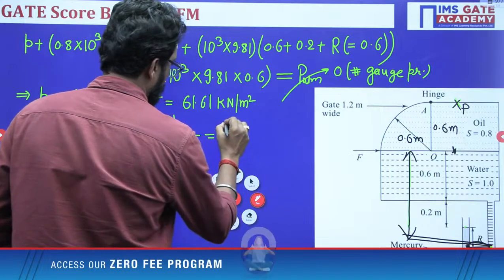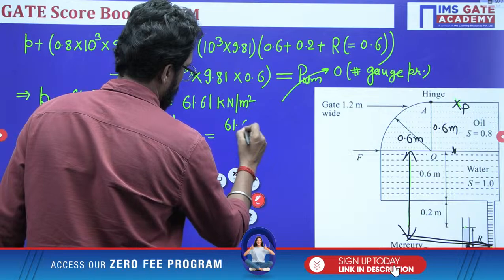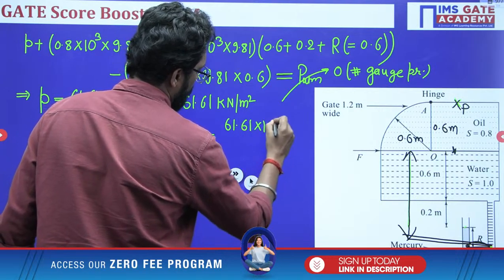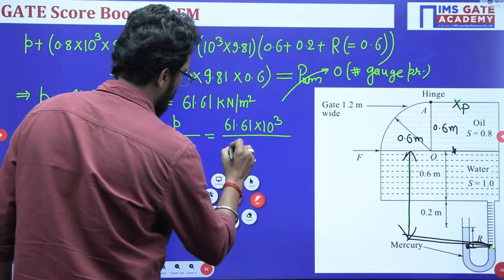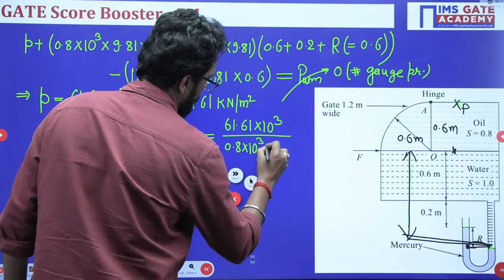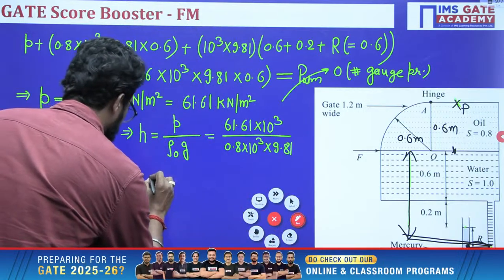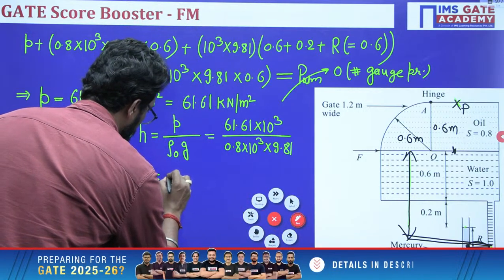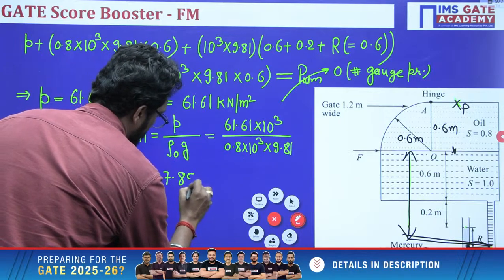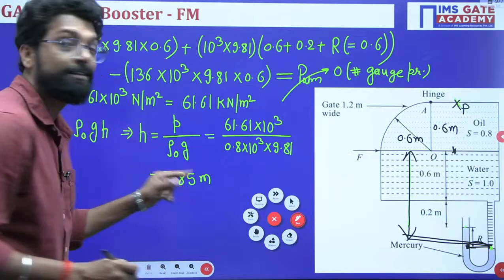The P value is 16.61 × 10^3 divided by rho 0.8 × 10^3 × g 9.81. If you solve this, the head is approximately 7.85 meter.